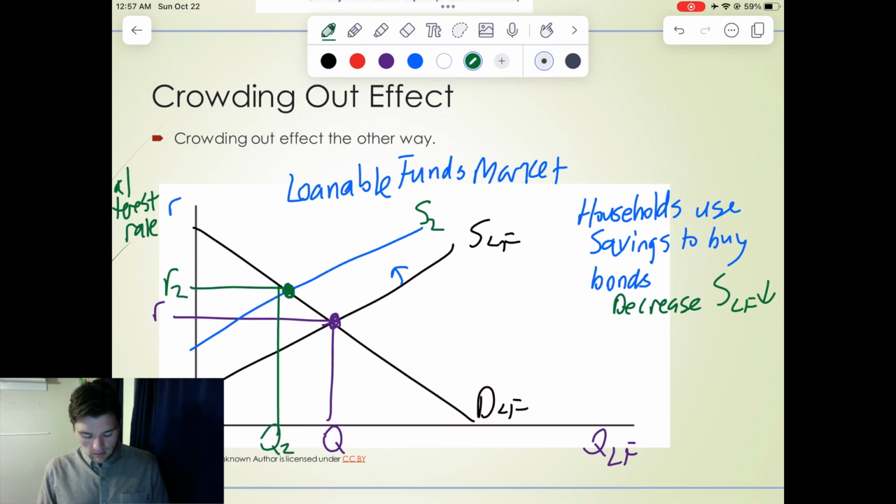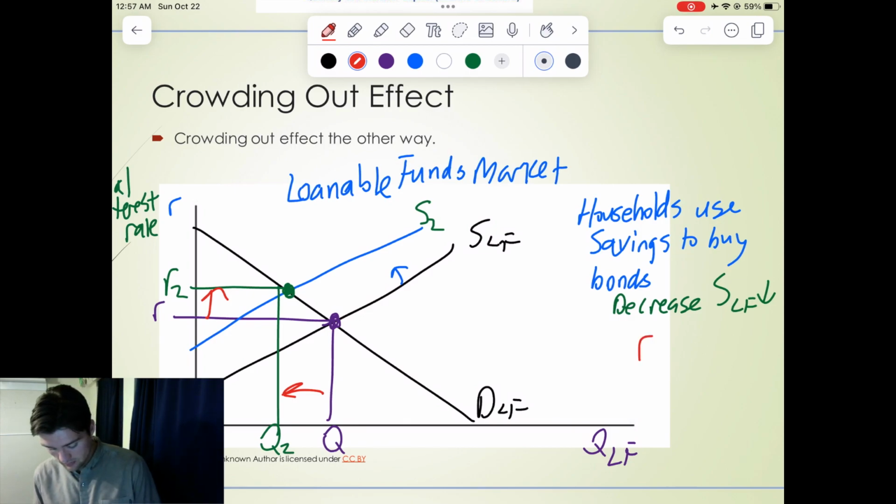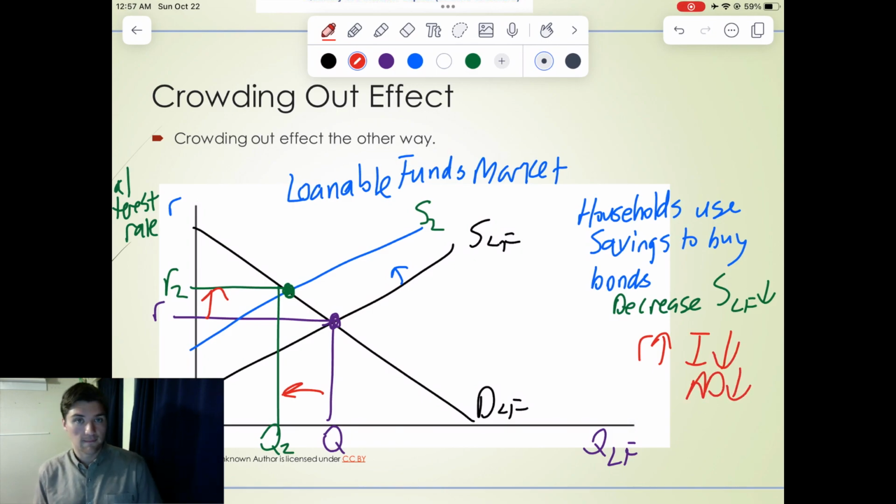So therefore, interest rates will be increasing and quantity is going to be decreasing. So interest rates are higher. Because of that, investment goes down, aggregate demand goes down. So the investment is decreasing. So the investment is crowding out the increase in government spending.